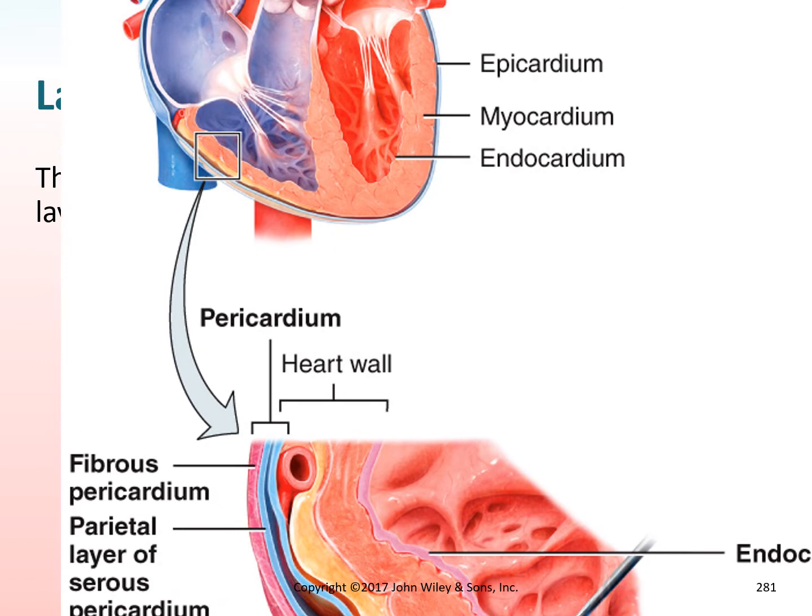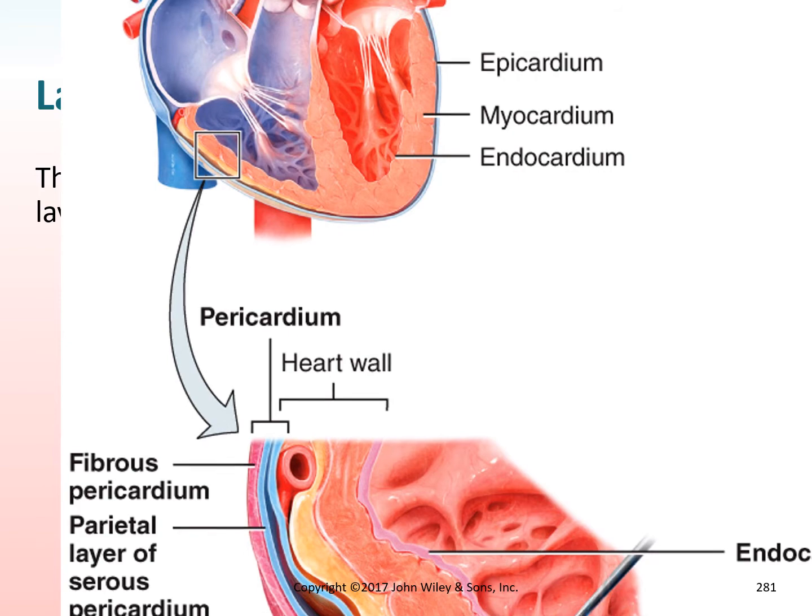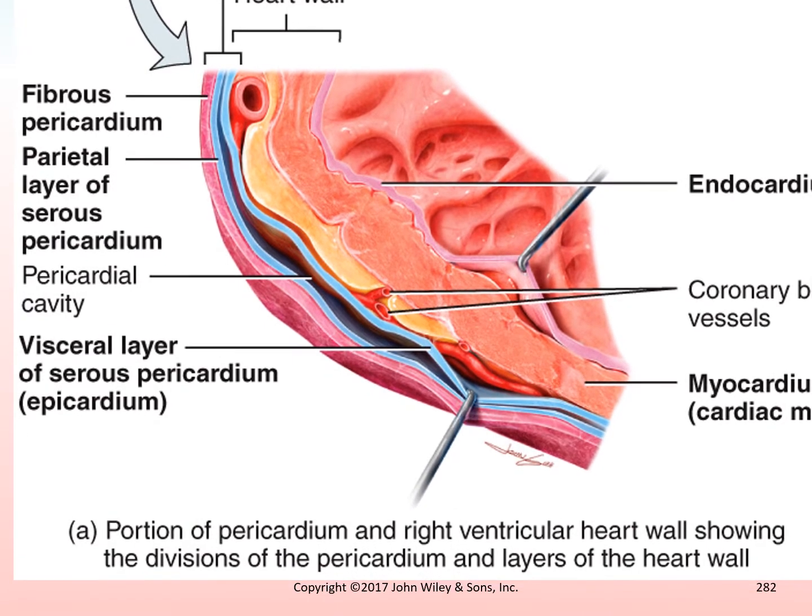You can see here the inner layer is not labeled, but the outer layer is the fibrous pericardium, and then the parietal layer of the serous pericardium, and then the deeper layer there is the visceral layer of the serous pericardium, also called epicardium.